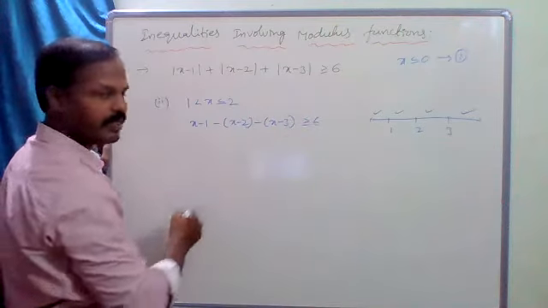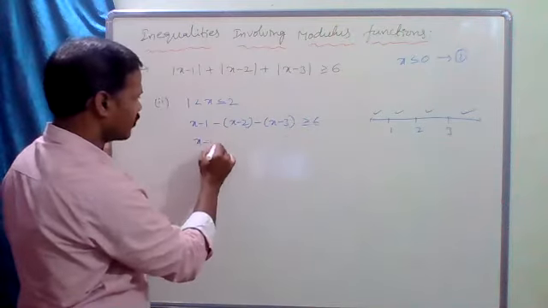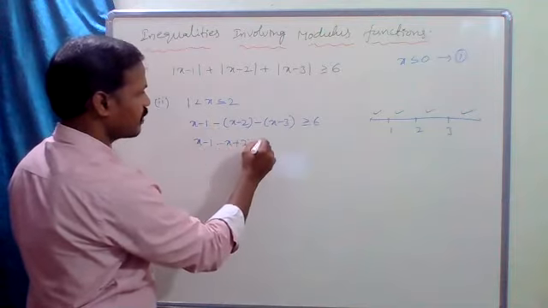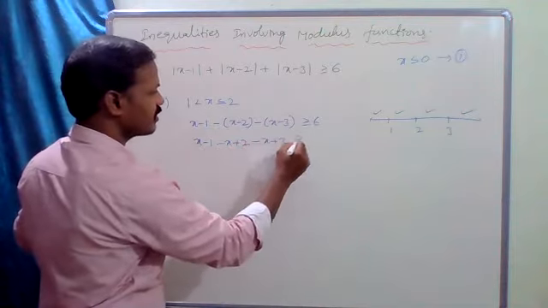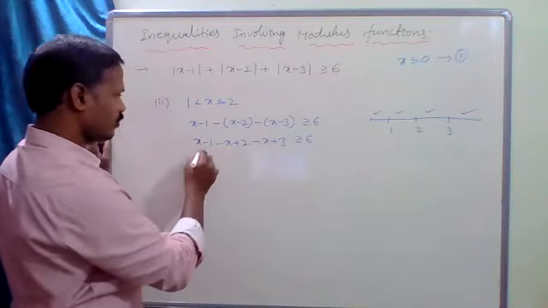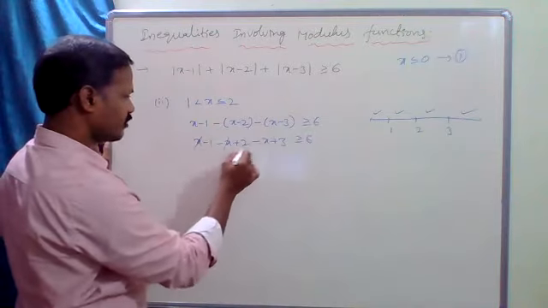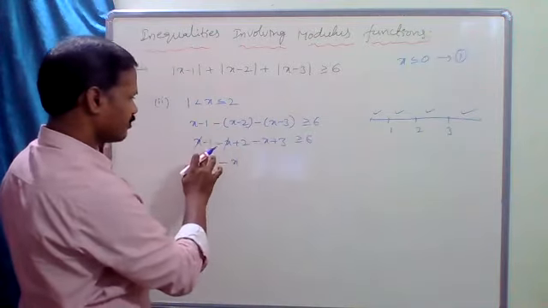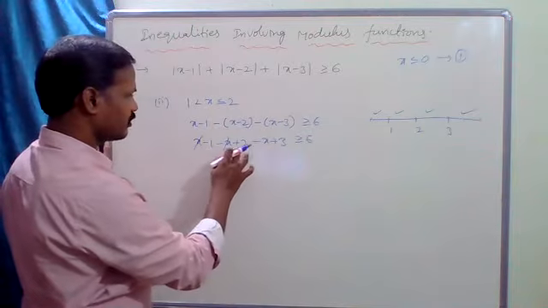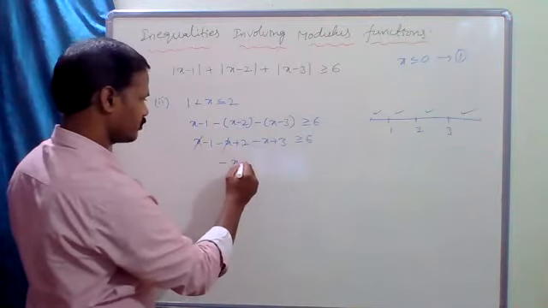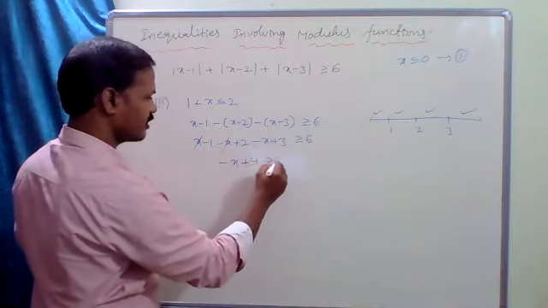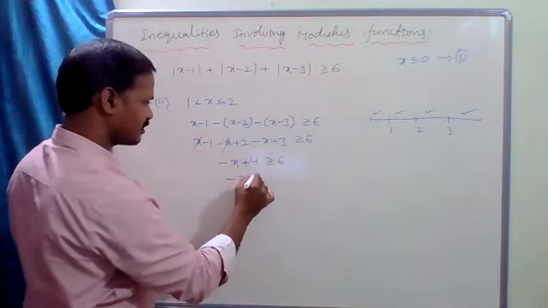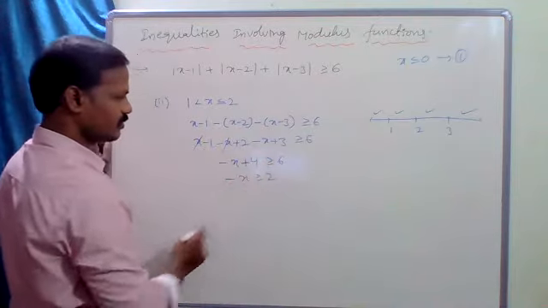Is it okay? And now this is x minus 1 minus x plus 2 minus x plus 3 is greater than or equal to 6. Now here x minus x will be cancelled, minus x minus 1. So 4 plus 4 is greater than or equal to 6. So minus x is greater than or equal to 2.